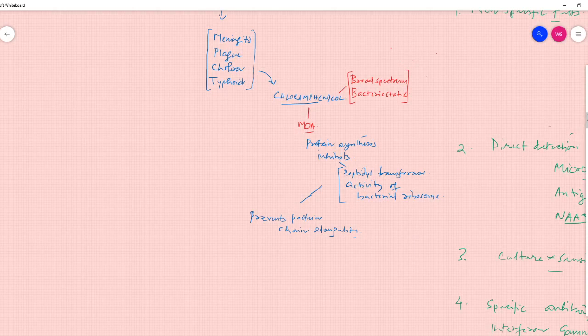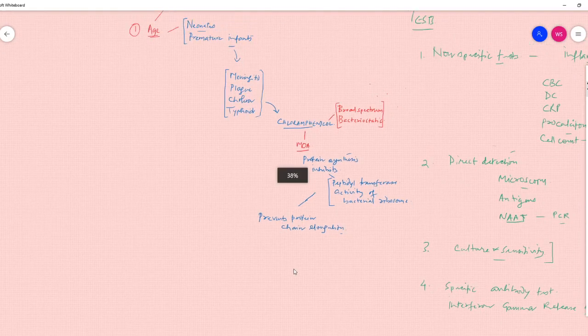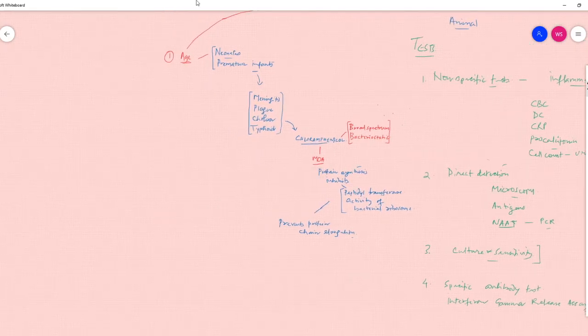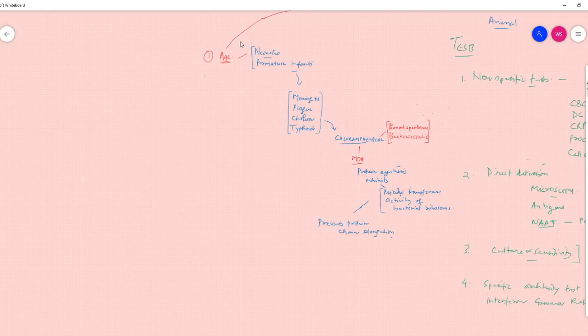So why are we discussing this drug? Because in premature infants or neonates, chloramphenicol may cause a disease called gray baby syndrome.